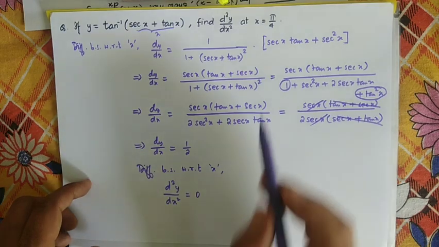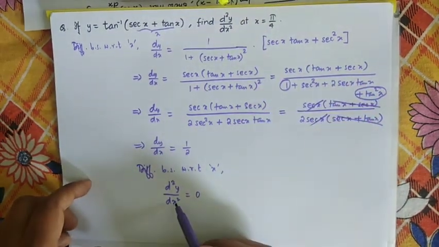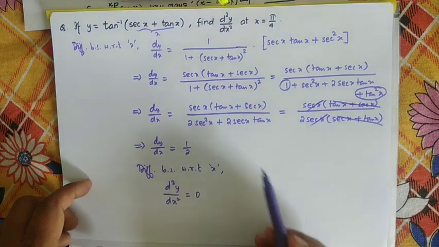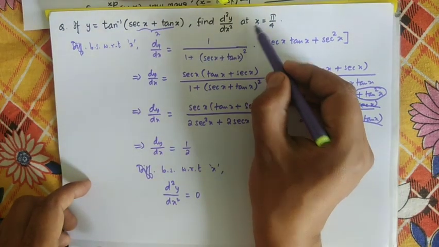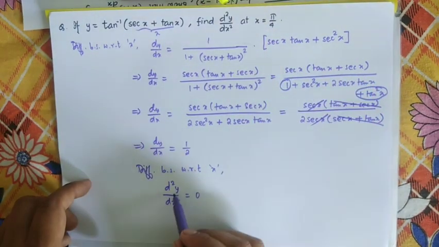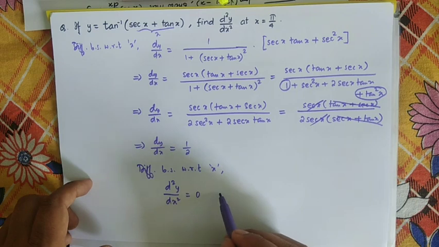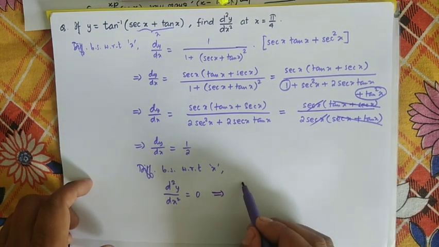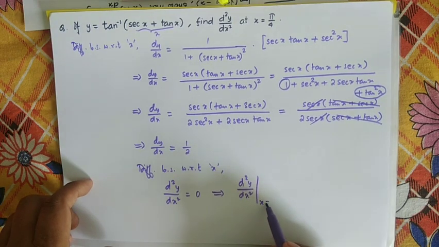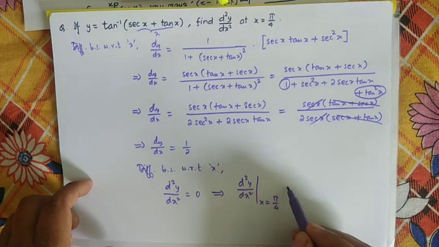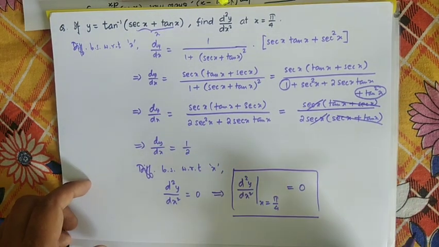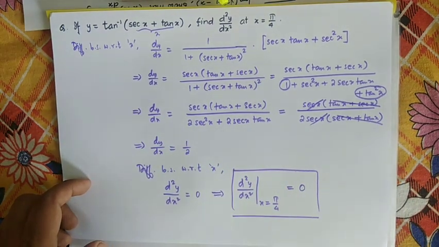For any value of x, my second order derivative is going to be 0. Similarly, at x equals pi by 4 the second order derivative will also be 0, so d square y by dx square at x equals pi by 4 is also 0. So this is our answer. Pause the video to note it down.